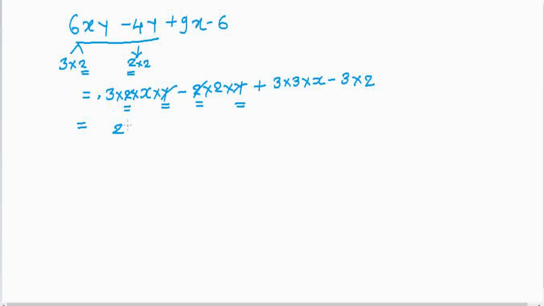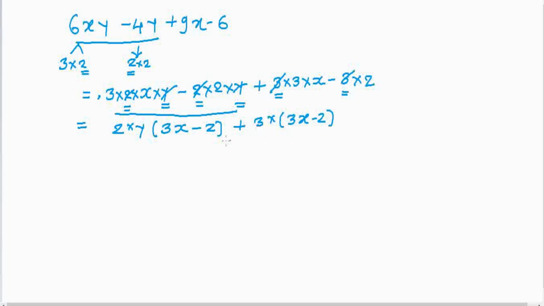So we have taken 2y common, and the remaining terms we write in the bracket, and these are in multiplication, so we have 3x minus 2. And plus, also you can see that here is 3, here is 3, so we take 3 common from this, and to avoid confusion we cancel out these 3, and what is remaining there, we have 3x minus 2.